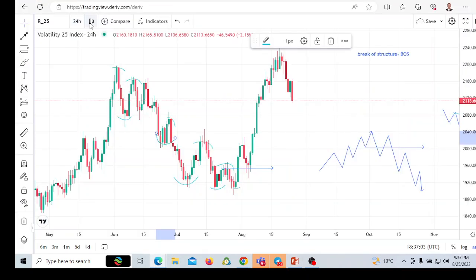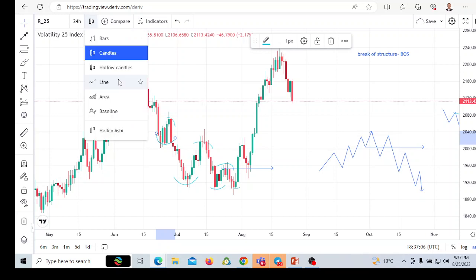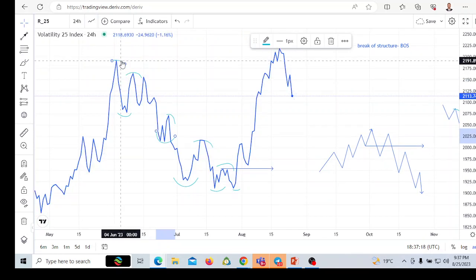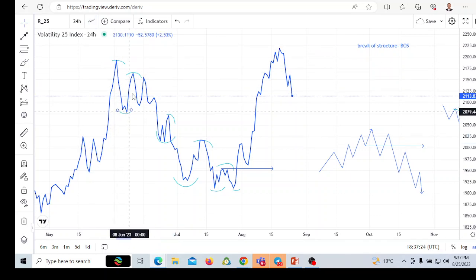There are things we can do to help us as we are trying to train our eyes to see. When you come here to these bars, you can change them to a number of things, but for structure, we can change it to this. The line graph helps us to know where structure is.